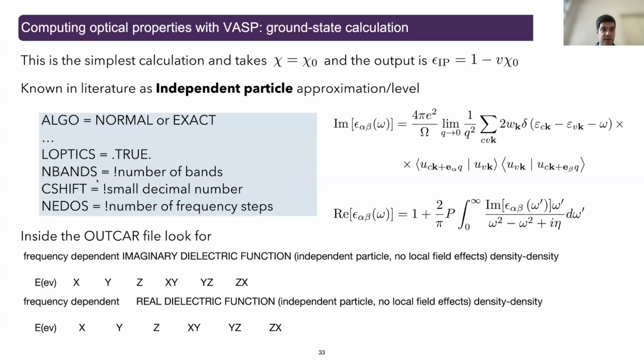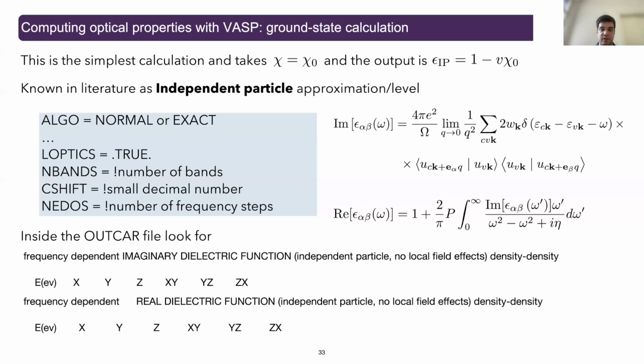You should add a sufficiently large number of NBANDS in order that this sum here converges. And you should set an additional parameter, CSHIFT, a small decimal number, usually around 0.1 is enough. This will deal with the approximations to the delta function and to this eta parameter here, and NEDOS, which deals with the number of frequencies that are added in this integral.